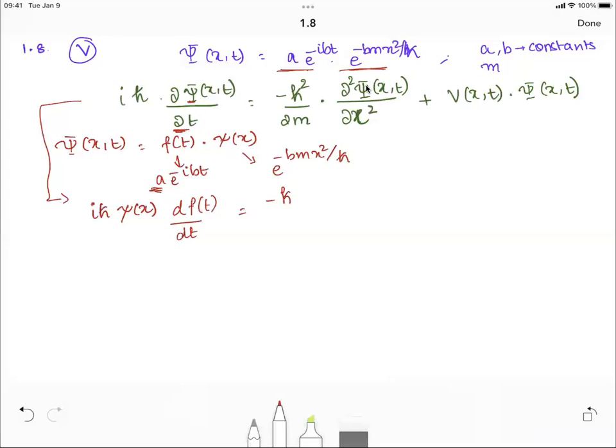Here the function of time can come out because we only care about how the state function changes with x.